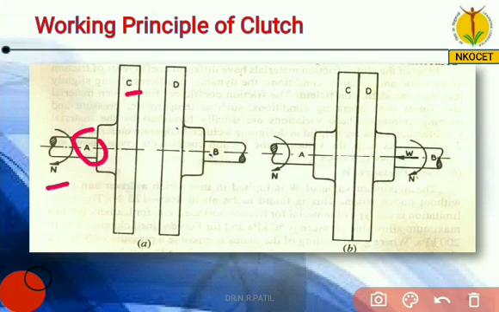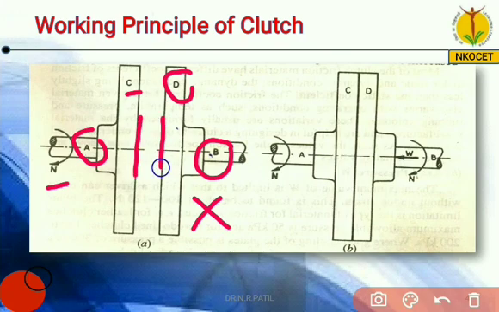The second plate D is mounted on shaft B. But is shaft B rotating in this case? No, it is not rotating, because the surface of plate C and the surface of plate D are not in contact with each other, they are separated. That's why though shaft A rotates, shaft B does not rotate.